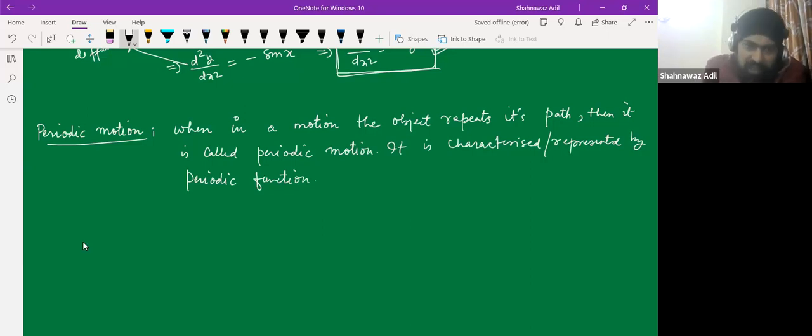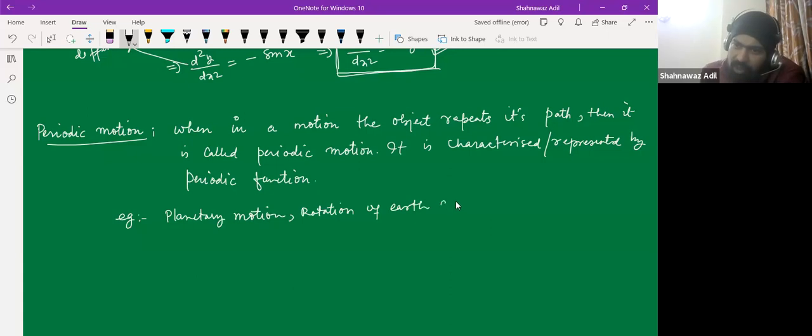right? And then we have this. What are the examples of these periodic motions? The planetary motion, right? Revolution of Earth around the Sun is periodic motion, and rotation of Earth around its axis is also periodic motion.